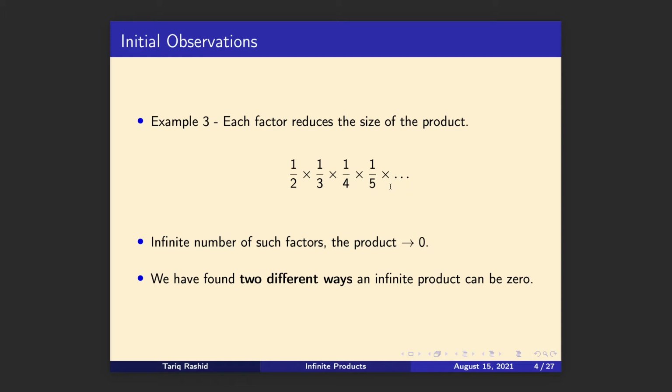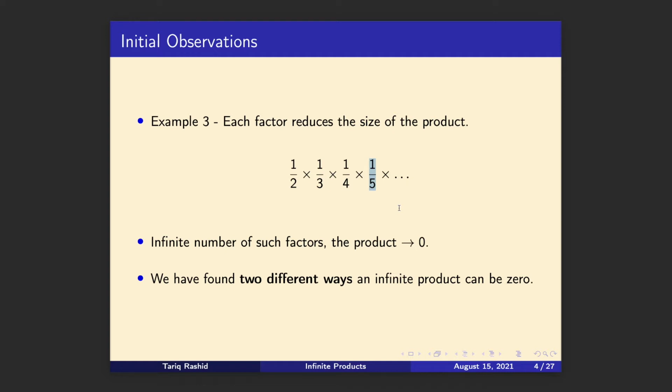Well, each one is reducing the size of the product, because this is making it a third of what we had, a quarter, a fifth. So each one is making it smaller and smaller. So it's easy to argue that an infinite number of reductions, shrinkings, make the product tend to 0. That's not too controversial, but did need a little bit of thought.